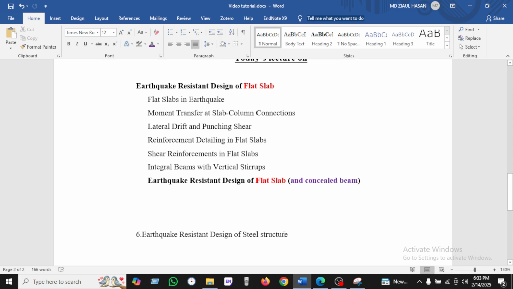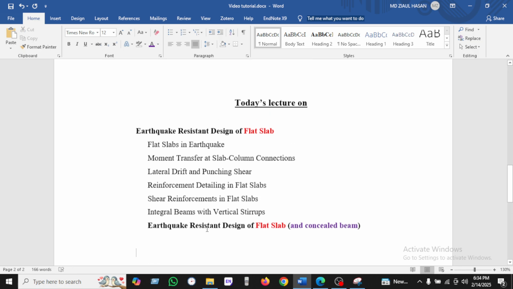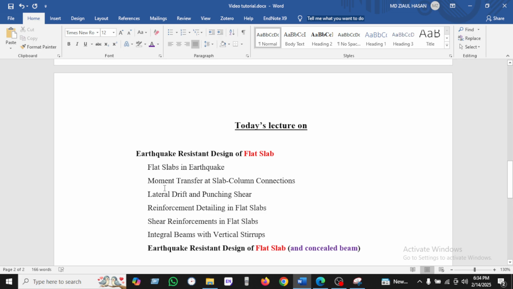Another topic is earthquake resistance design of steel structure, but I will not discuss it in this lecture or in this part. Okay, so let's start.